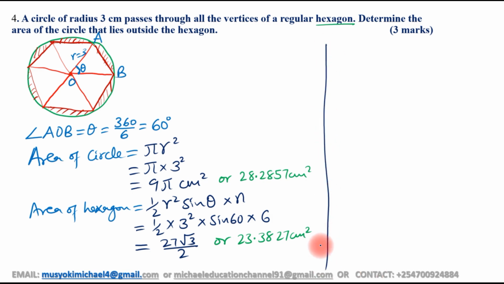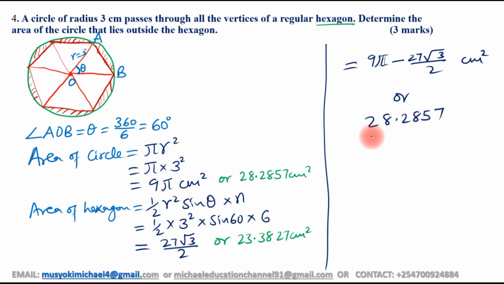Now, getting the area outside the hexagon, we are going to subtract 9 pi, the area of the circle, minus 27 root 3 over 2 centimeter squared, or 28.2857 minus 23.3827.